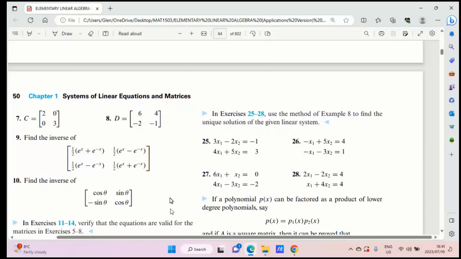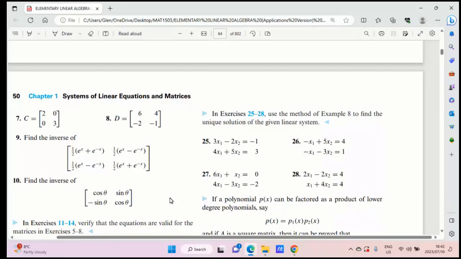I expanded, I took out 1/4 as the common factor.